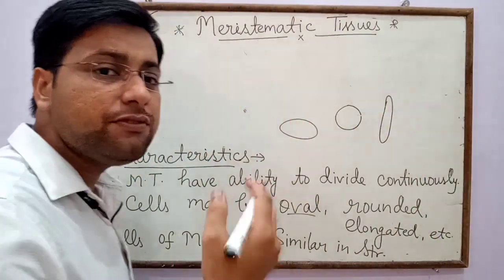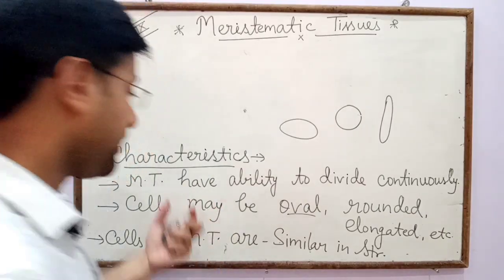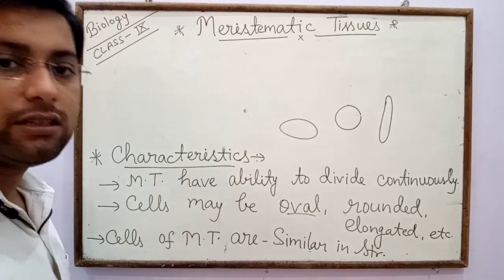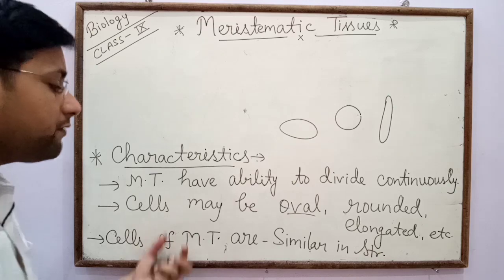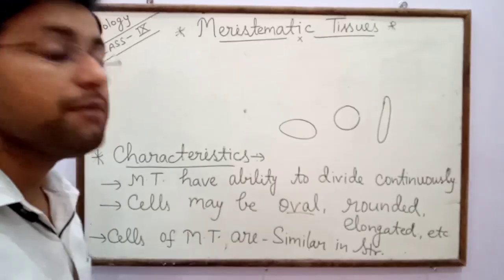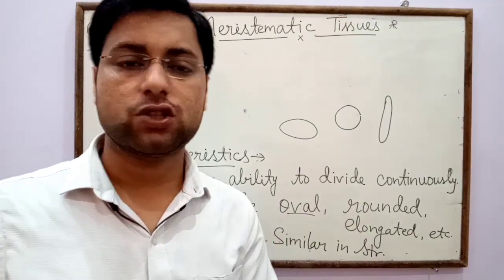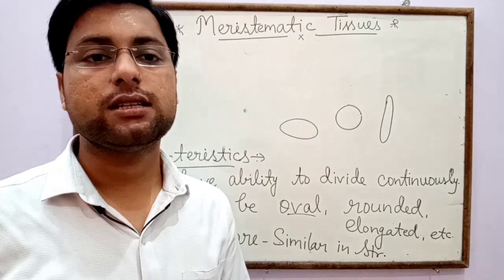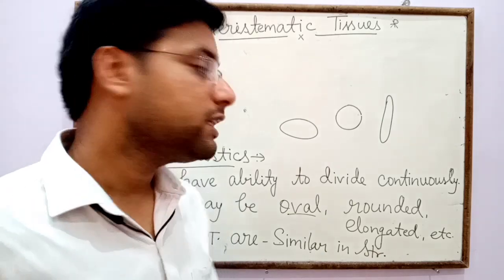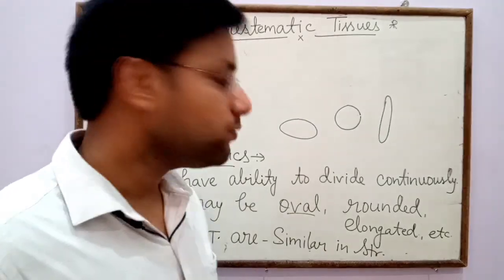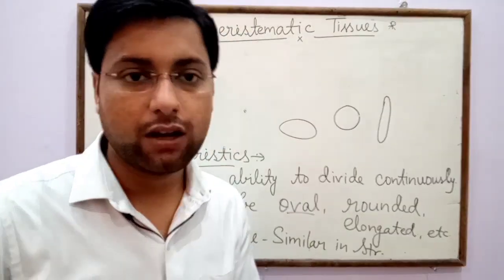So there are different types of cells in meristematic tissue. Cells of meristematic tissue are similar in structure, means there is no variation in the structure of the cells, all the cells are similar but their shapes are different, some oval, rounded or elongated.